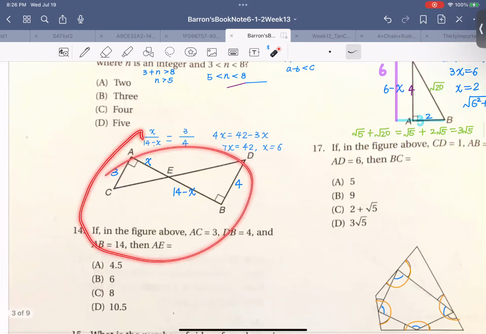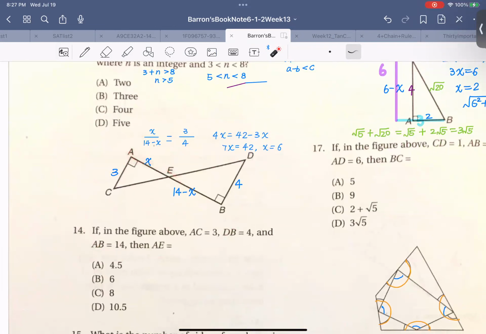Some questions here we haven't learned, but I introduce a little bit. Later on, we will learn similar triangles, or triangle similarity. You have the vertical angles equal and the 90 degree angles equal. These two triangles are called similar triangles. They told you this total length is 14.